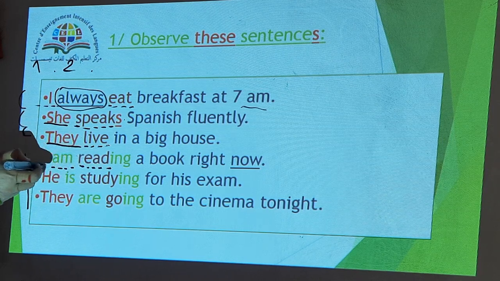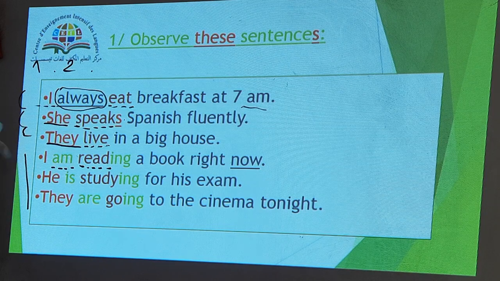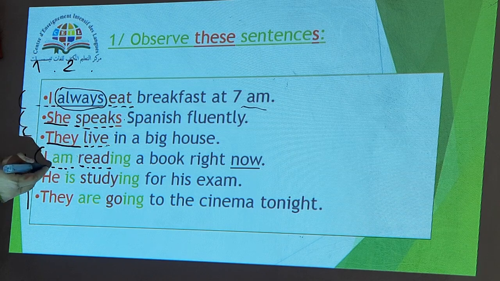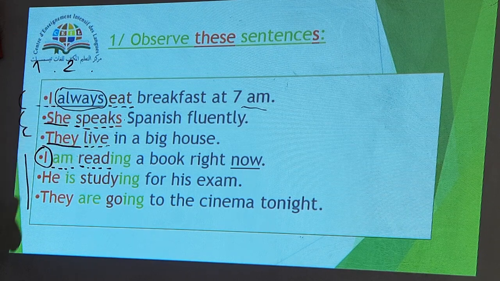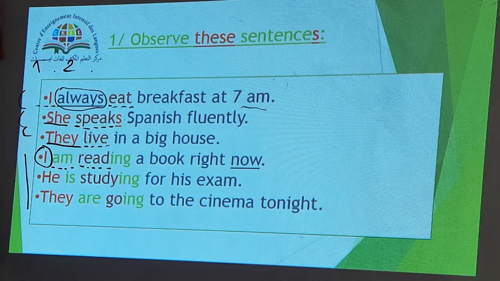You might say that I'm here is also a verb. However, the verb to be here is functioning as an auxiliary. So, our subject is I, am is an auxiliary, and read is our verb plus ing, and this is how we form the present continuous.